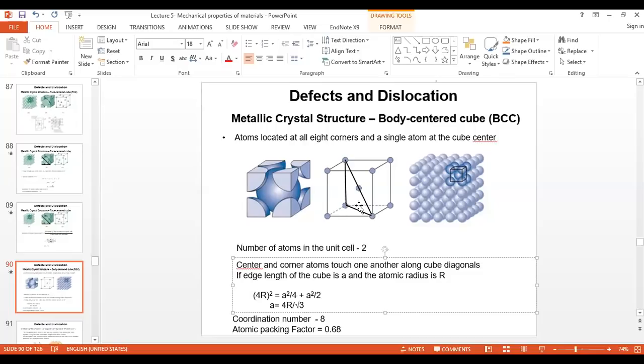Then if you square that, it is 2a square plus this a square.